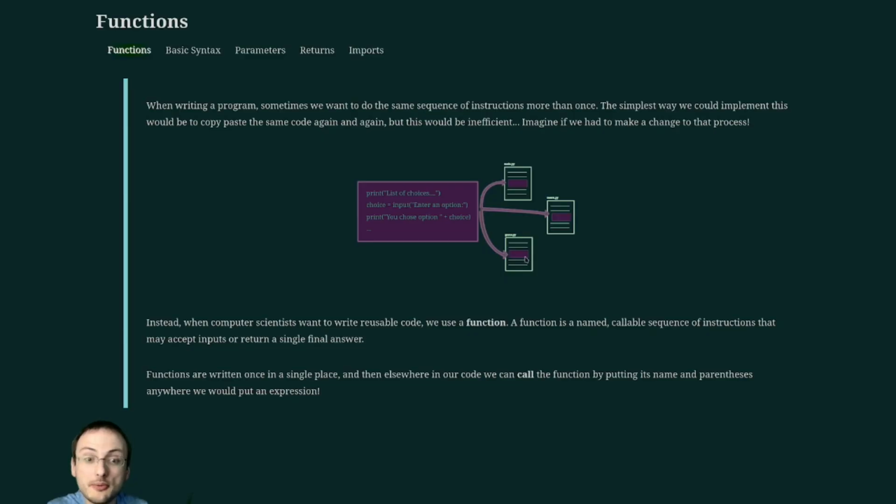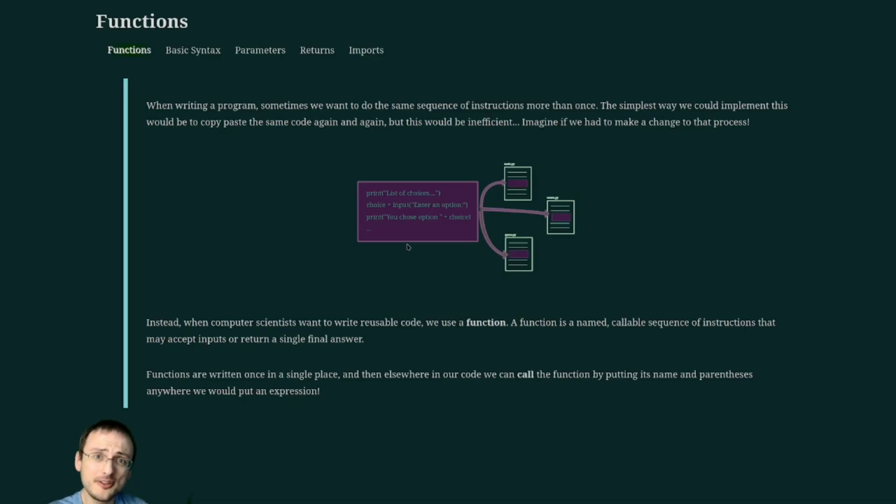So the tool that we have to do this is what's called a function. A function is just a sequence of instructions, just like our little example of whatever code we want to repeat. But this group, we indent it, we give it a name, and then in the future, we're able to call it by that name in order to use those instructions again.